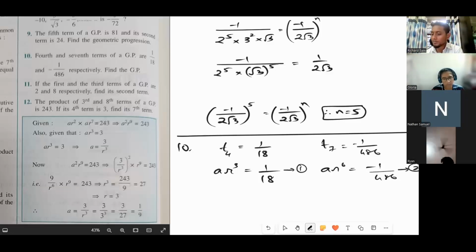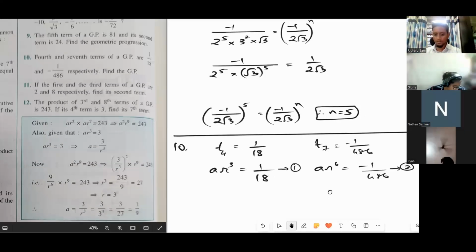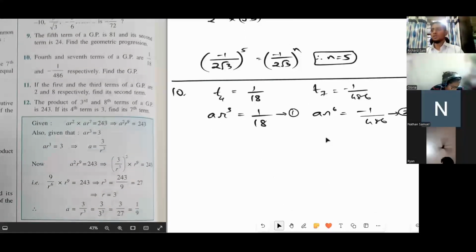Make A the subject, and then, yeah, I'll show you the easier way. Normally in simultaneous equations, you will do first equation plus second, or first minus second, or second plus first, or second minus first. Here you will divide. So let's do second equation divided by first equation.